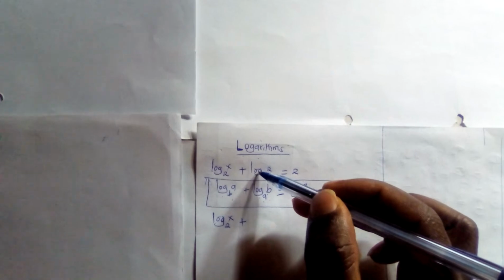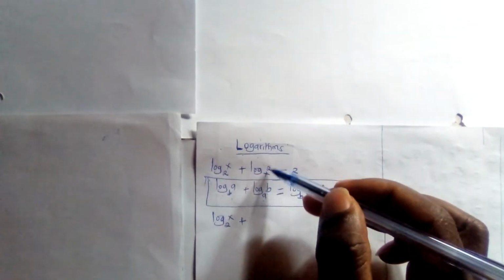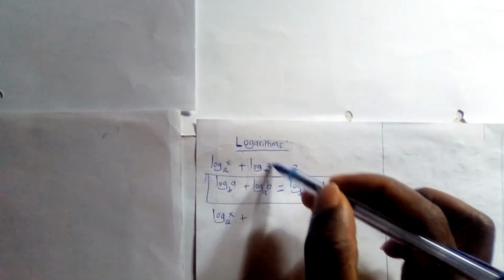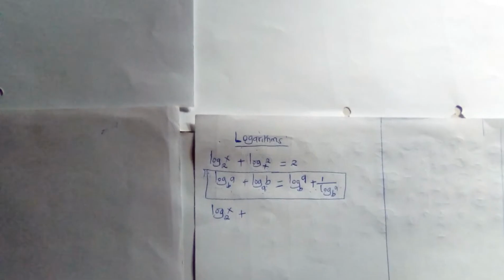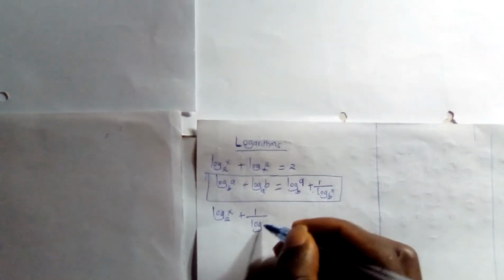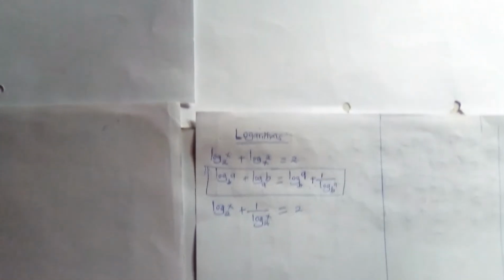So here I'll be having 1 over the problem here after getting the reciprocal of it, so that it can be the same as the log x base 2. So it will be 1 over log x base 2 because I have gotten the reciprocal here. Then I equate it to 2 because the value there is 2.